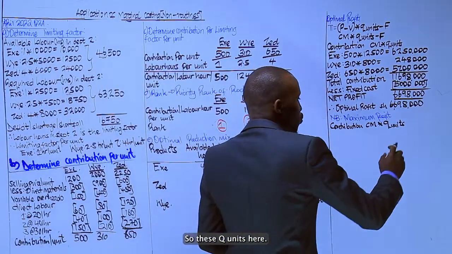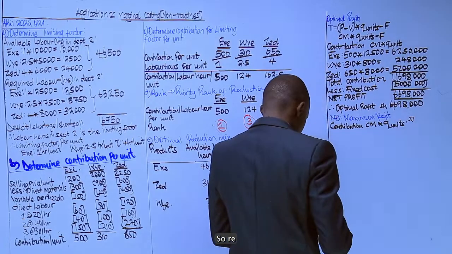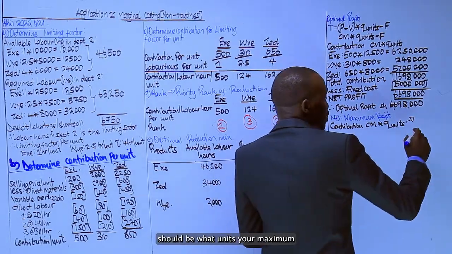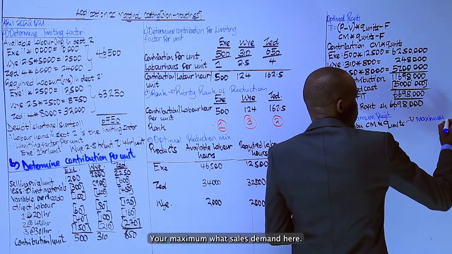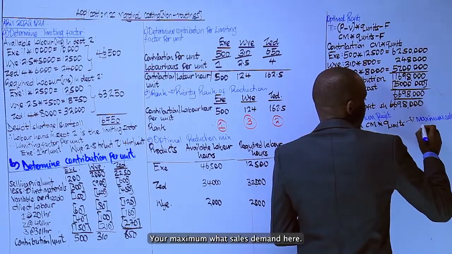So these Q units should be your maximum units sold, your maximum sales demand here.